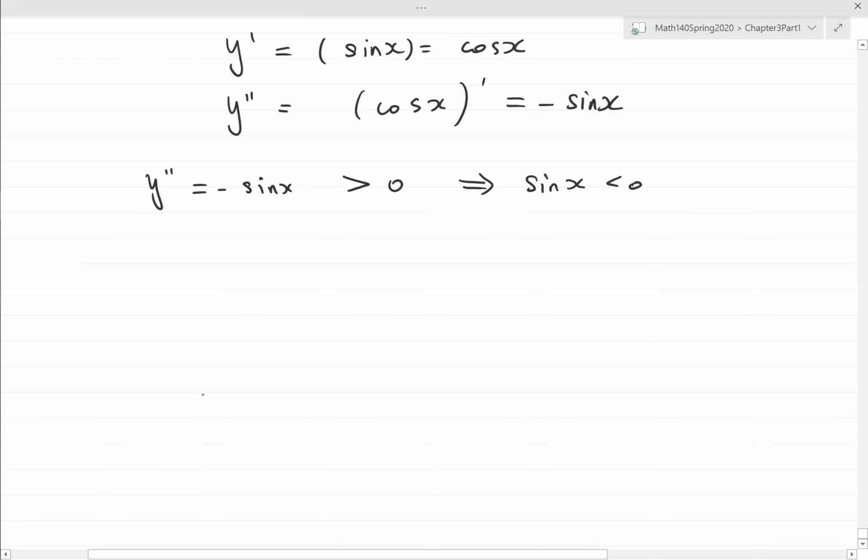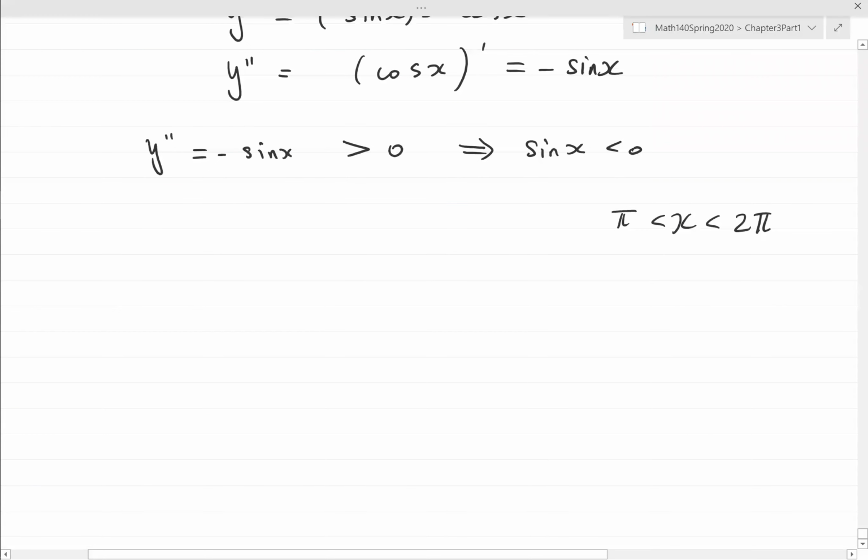From 0 to 2 pi, sine x is negative when x is in pi to 2 pi. So the second derivative is less than 0 there, so it's concave downward.